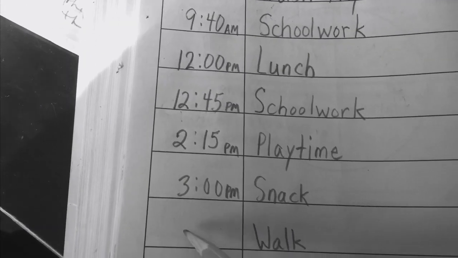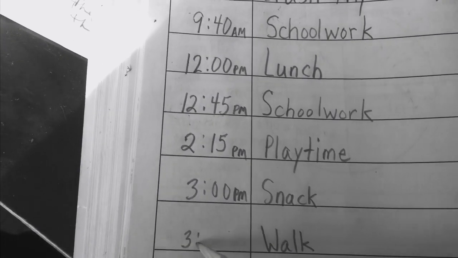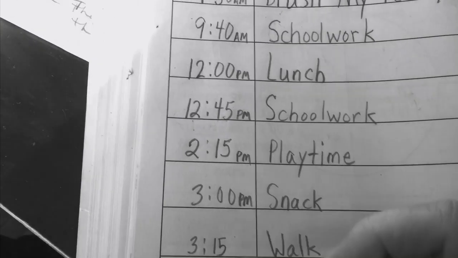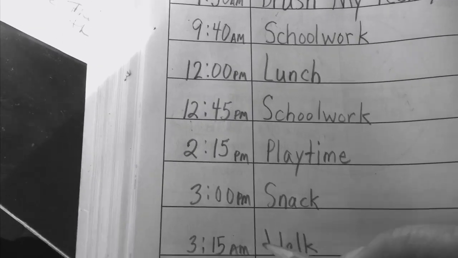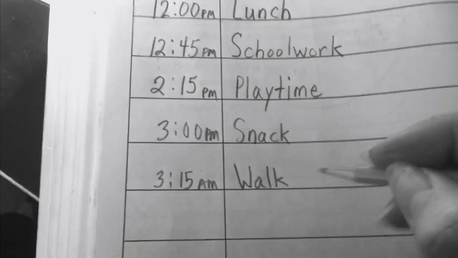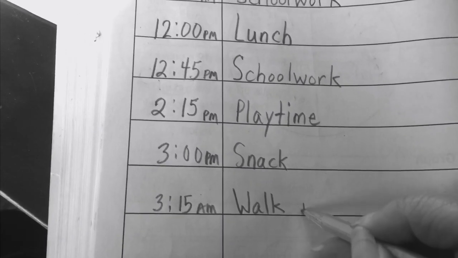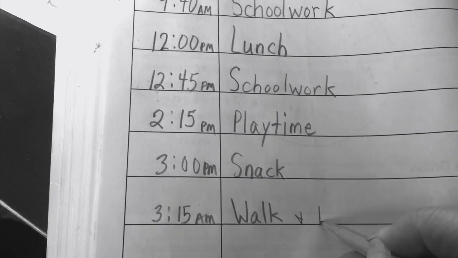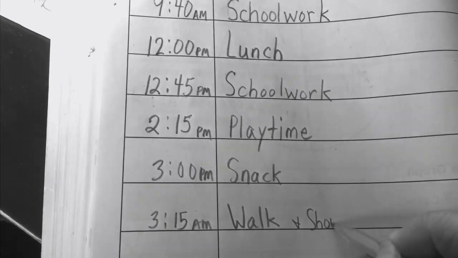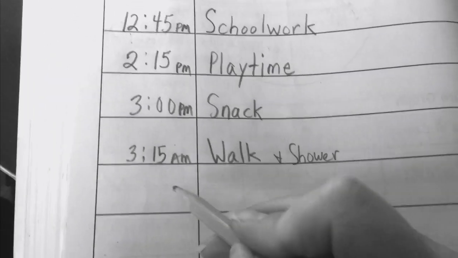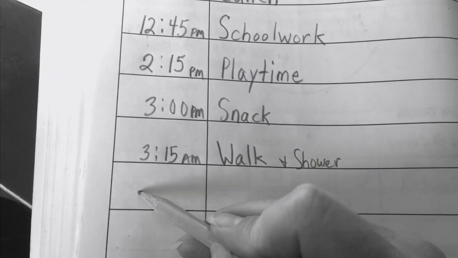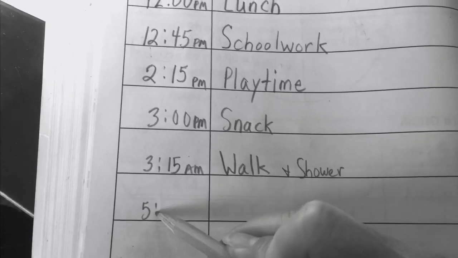Maybe at 3:15 I can go for a walk, and then maybe when I get back I can do my shower, and then maybe I could have dinner at 5 o'clock.